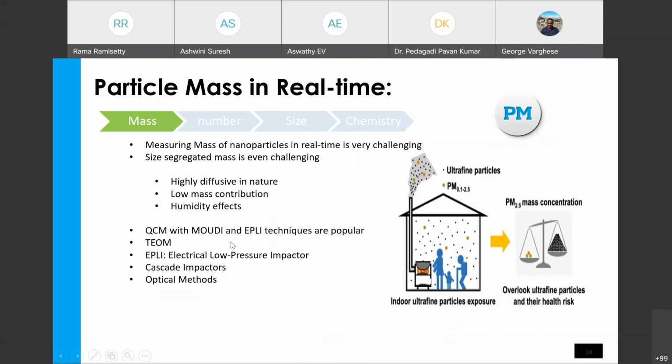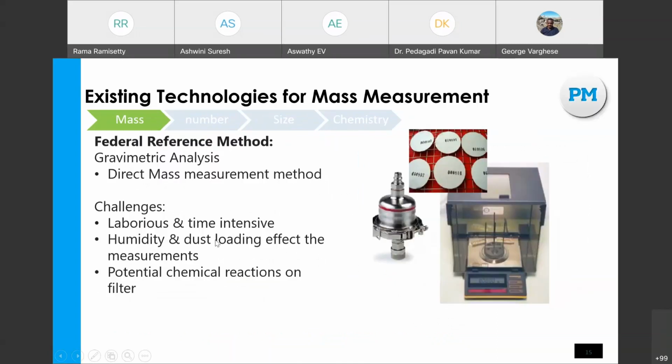Okay, and if you look at the different methods, this is a very standard and very old method to do particulate mass measurements, which we call the federal reference method, the gravimetric method. We put a filter paper inside this, and with a certain flow, we run the experiment for 24 hours, and then we collect the filter paper and check how much mass has accumulated on it.